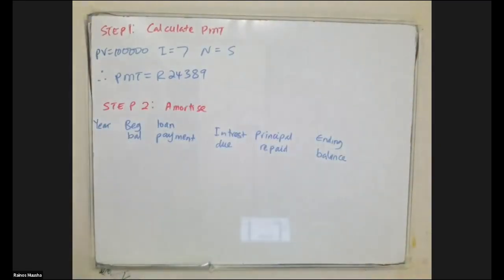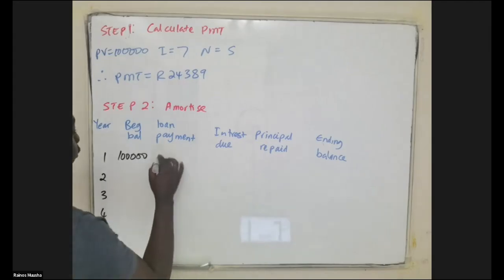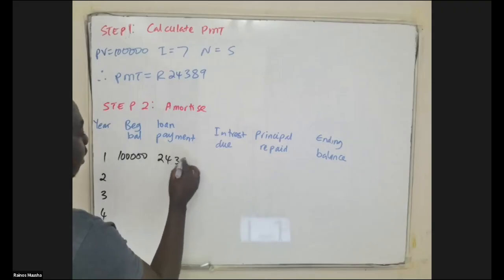So on our loan amortization schedule, this is going to be paid over the 5 years, so it's going to be 1, 2, 3, 4, 5. For the beginning balance, we're originally owing 100,000, and we know that every year we're going to have to pay 24,389.